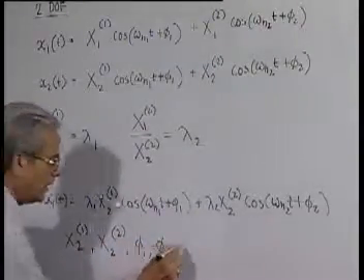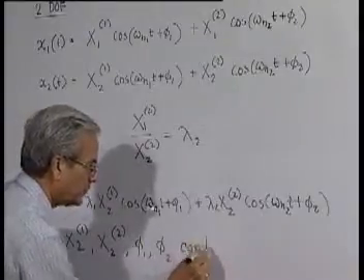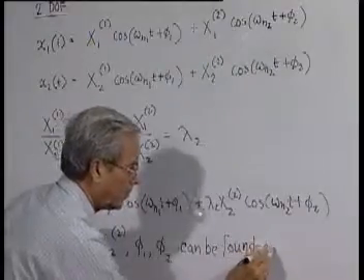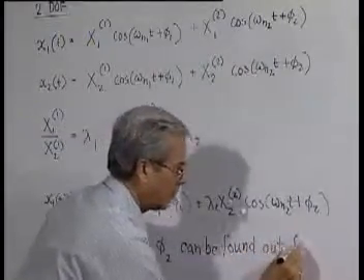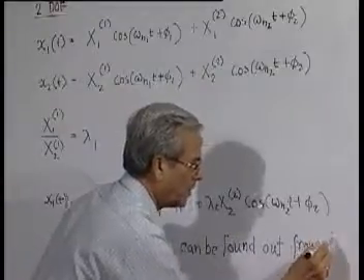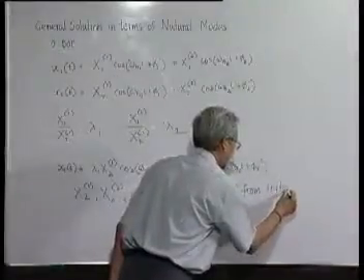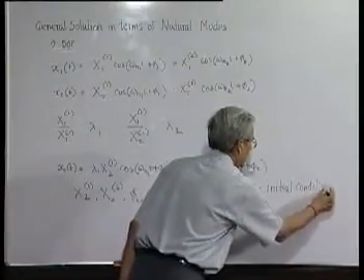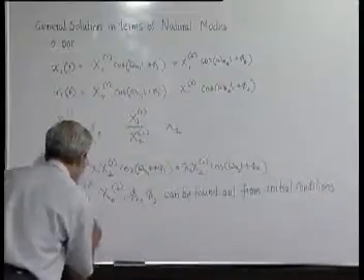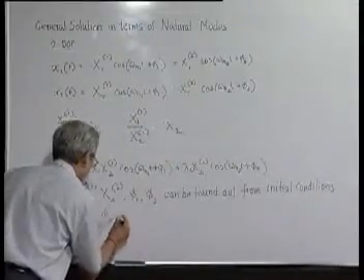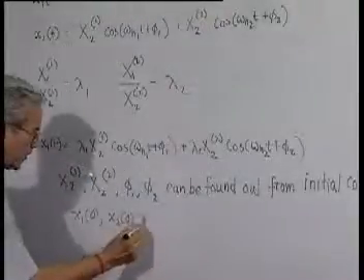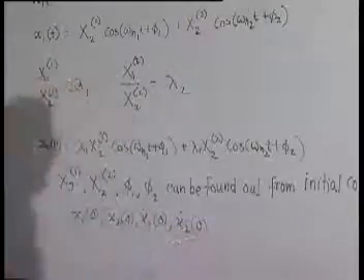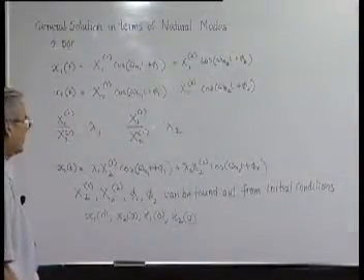So, therefore, x2 and x1 can be written in terms of these 4 unknown quantities, and these 4 unknown quantities x21, x22, phi 1 and phi 2 can be found from initial conditions. There will be 4 initial conditions.